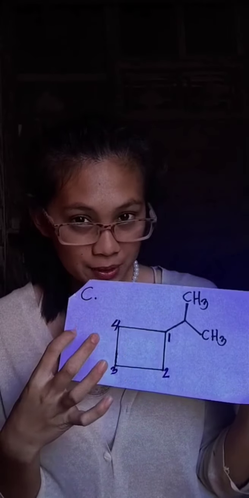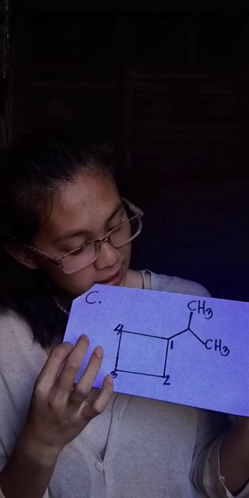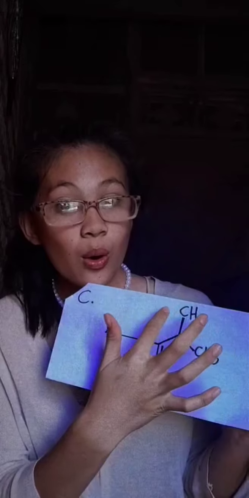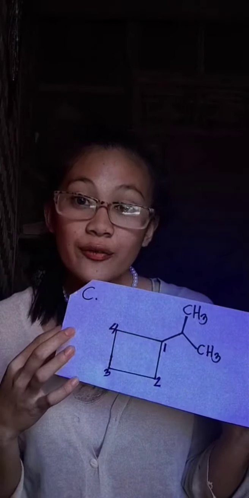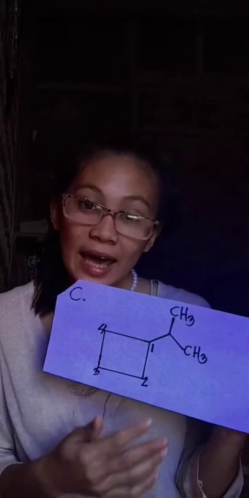So, we have butane. Our parent name is butane. And the substituent is isopropyl. So, therefore, the IUPAC name of this cycloalkane is 1-isopropylcyclobutane.